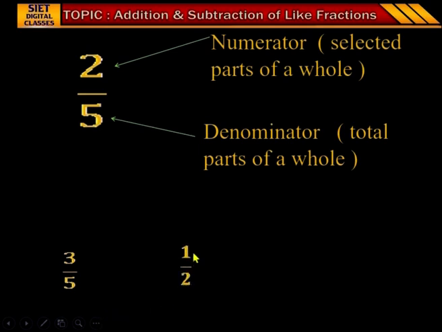Here 1 is the numerator, and the denominator 2 is total parts of a whole. And here 3 by 4 is also there. Here 3 is the numerator, selected parts of a whole, and 4 is the denominator that represents total parts of a whole. So, each fraction has a numerator and a denominator.